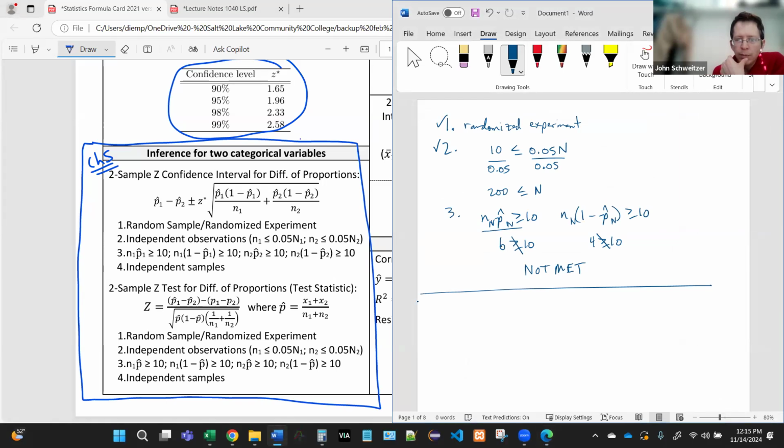This is for the Stanford Heart Study. So we had a randomized experiment. Okay, so that was fine.